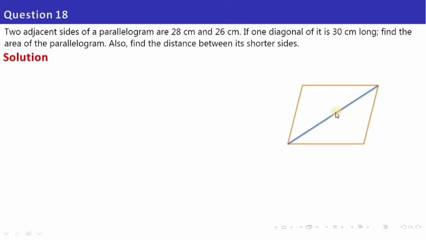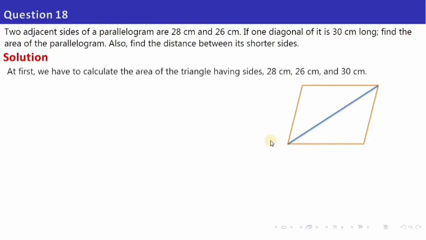Find the area of one triangle and multiply it by 2, you'll get the area of the parallelogram. So we have to calculate the area of a triangle having sides 28, 26 and 30 centimeter. Three sides are given, so use Heron's formula. Calculate s, which turns out to be 42.